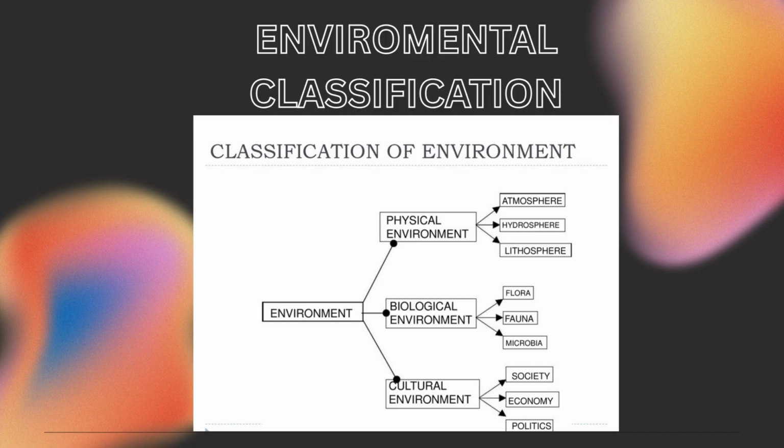The third one, the human environment, also known as the anthropogenic or socio-cultural environment, includes all elements created, influenced, or modified by humans. This category is divided into society, referring to social structures, communities, and relationships.